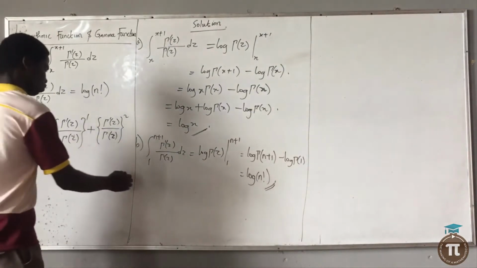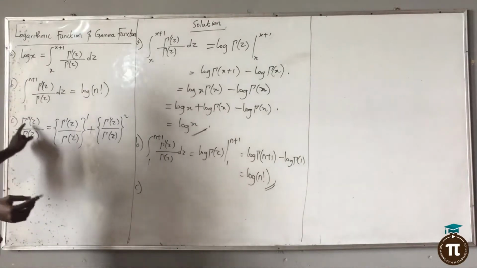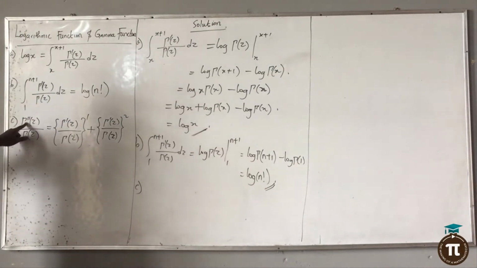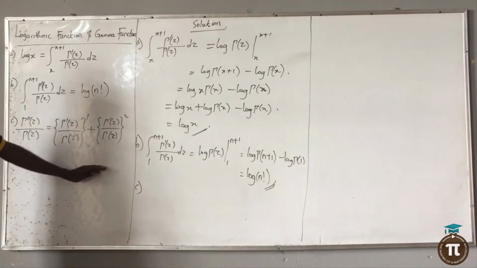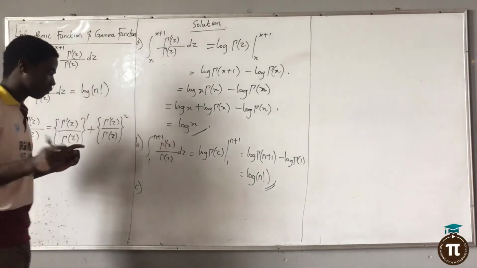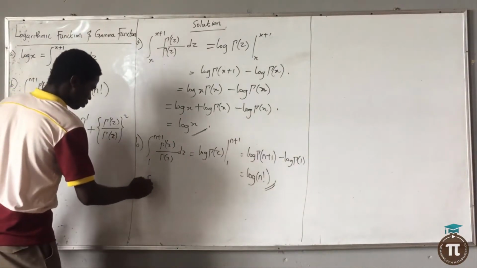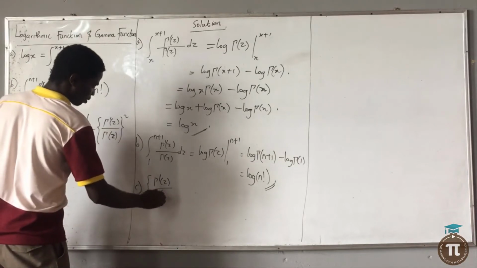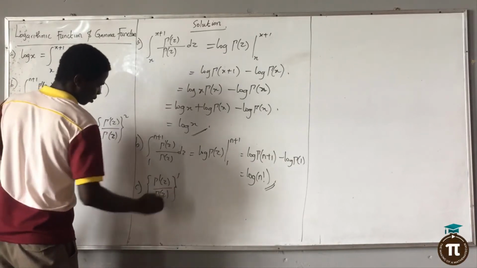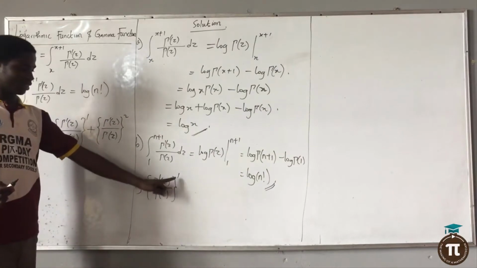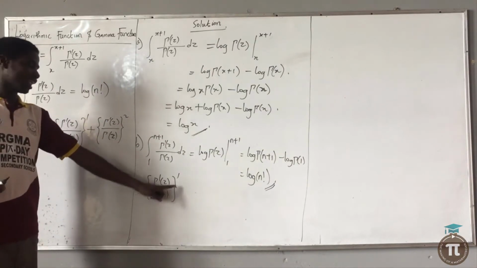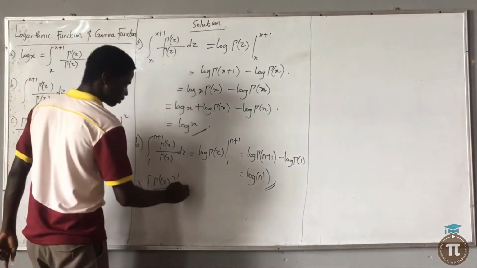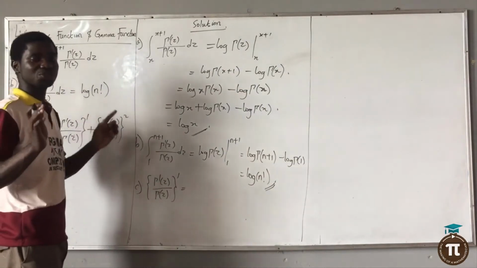Now the third one, we want to prove that the second derivative of gamma over gamma is equal to all these things I've written here. Look at where I'm going to start from. I'm going to differentiate the derivative of gamma of z all over gamma of z, using the quotient rule.